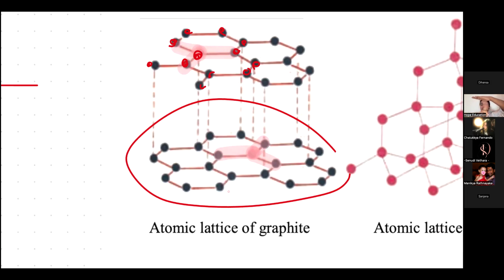So there are so many free electrons here, and here also. And these electrons cannot get closer because electrons repel. So these layers will not come closer to each other and they will stay at a certain distance. Okay? Is that clear to all of you?